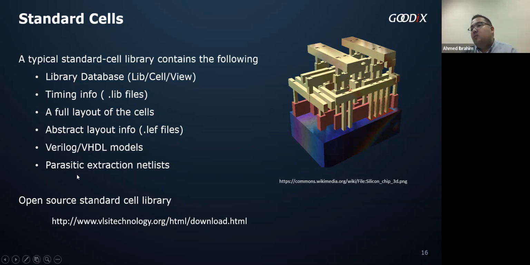Sometimes they also come with already generated parasitic netlists. Also, I found there is an open source standard cell library that's very big and has a lot of variations included in that link. So you can also check it.